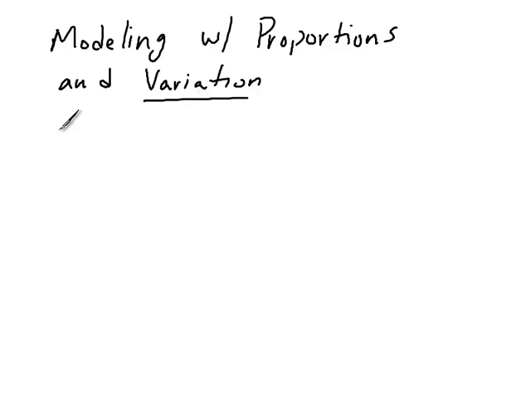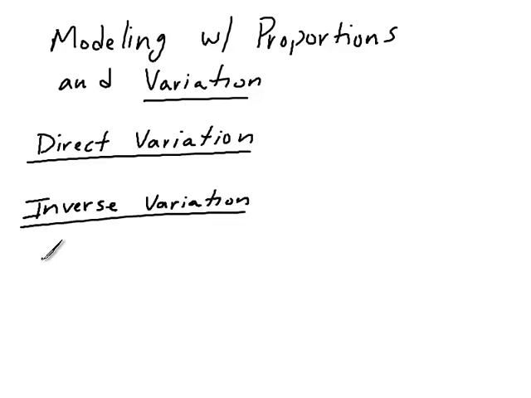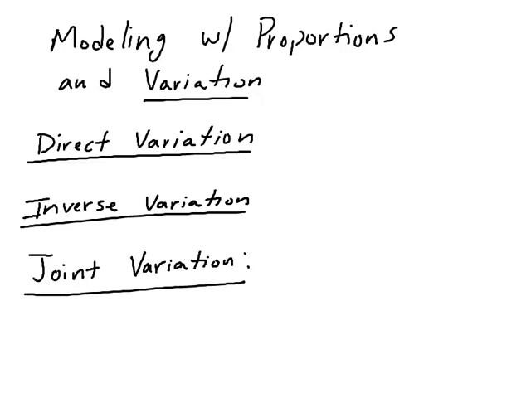So we have three different types of variations. We have direct variation, inverse variation, and joint variation.